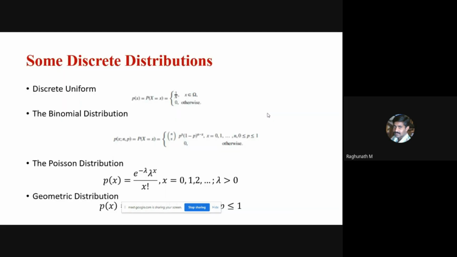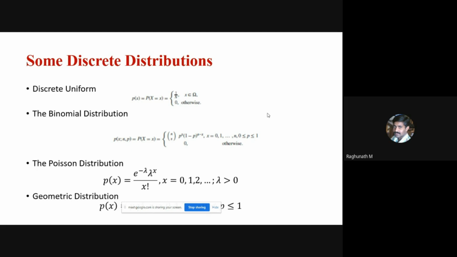Now, there are some standard discrete distributions. First of all, I have to define what you mean by a discrete distribution and what you mean by a continuous distribution. First, I will talk about the discrete distribution. Whenever we talk about a discrete distribution, there is a random variable which follows some distribution.